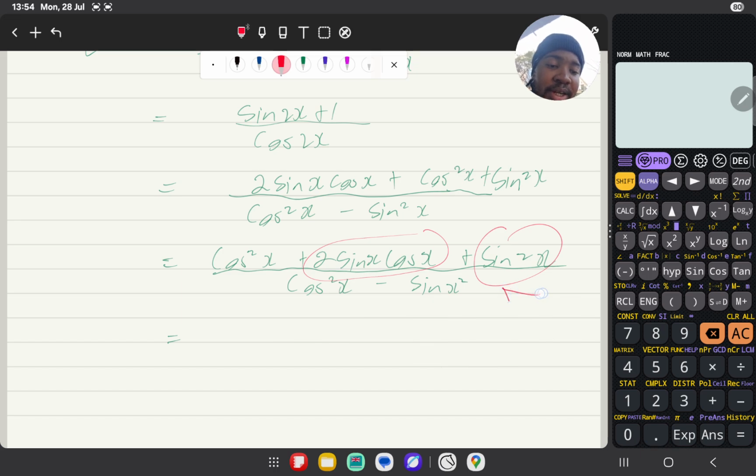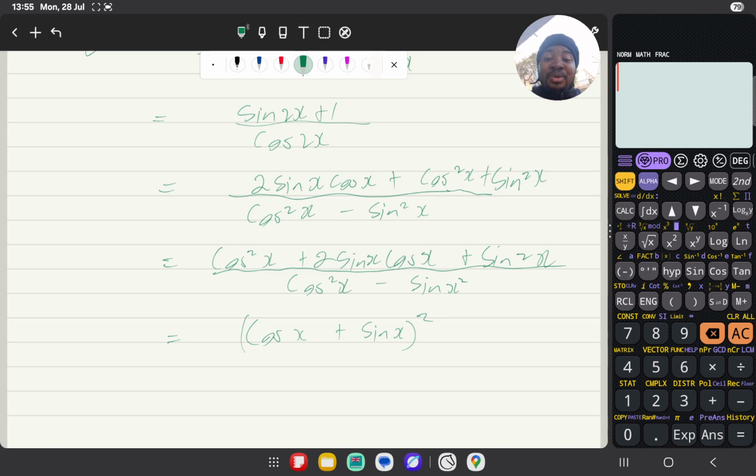So let's write it. So now with what you have done, you know that here you have cos x plus sine x, right, squared? But because of what is coming, I don't have space.